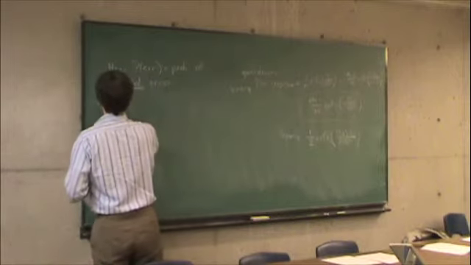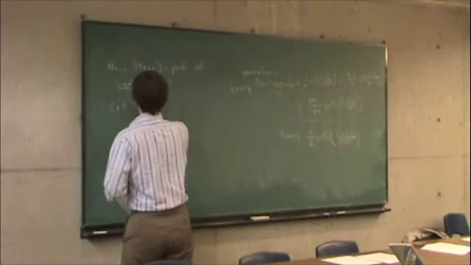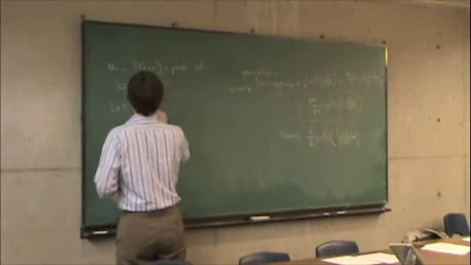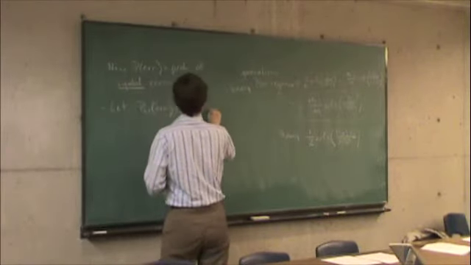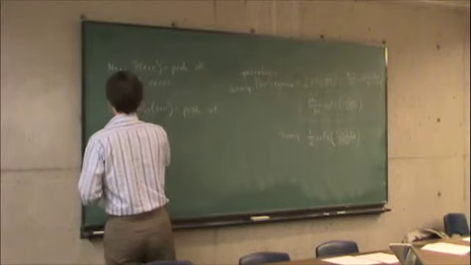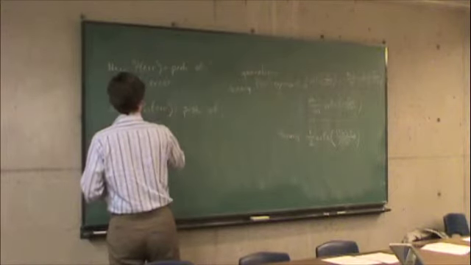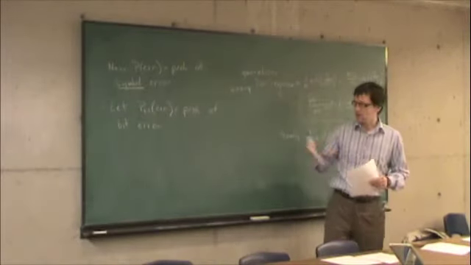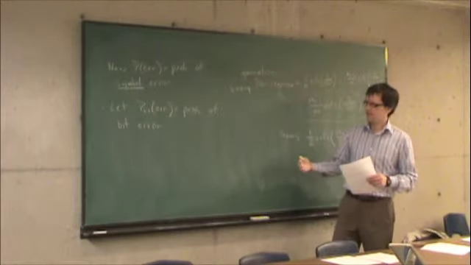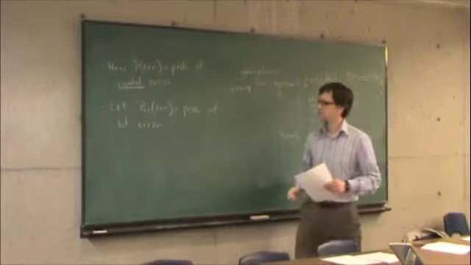So let p sub bit error be the probability of bit error. This is only relevant if you have a mapping from symbols to bits.